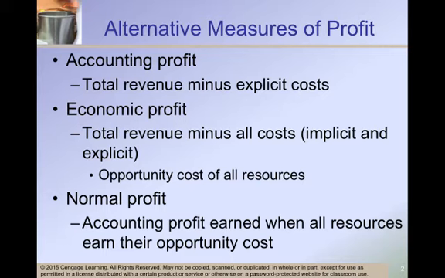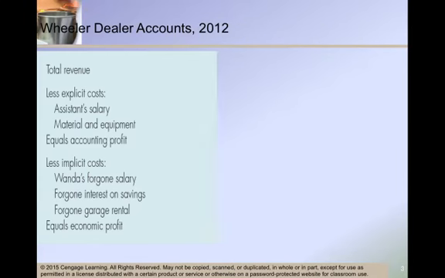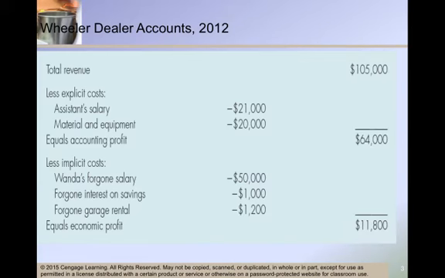The easiest way to actually understand these concepts is to work through an example. So let's take a look at one particular example. In this case, we're dealing with a lady, Wanda Wheeler. Wanda was an engineer. She worked on airplanes, creating the wheels for airplanes. She worked for a company, and she was making $50,000 a year working for that particular company, but she had a good idea.